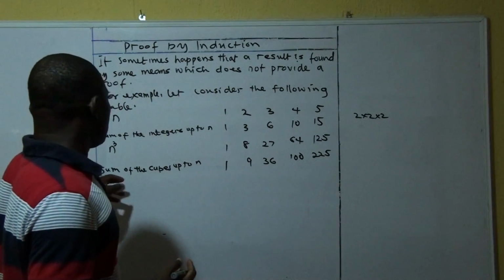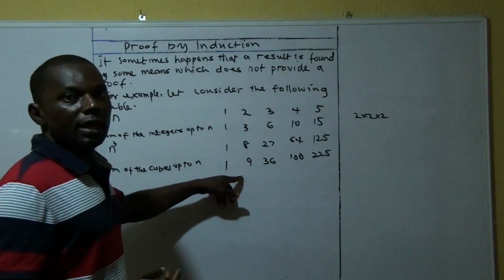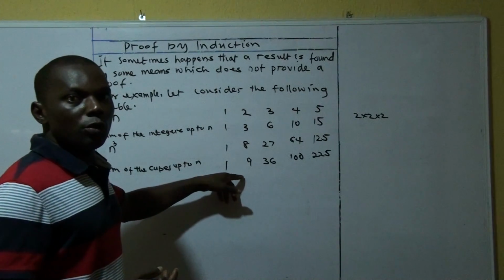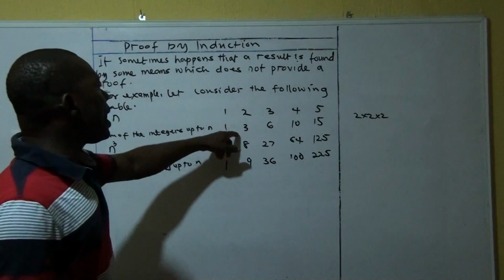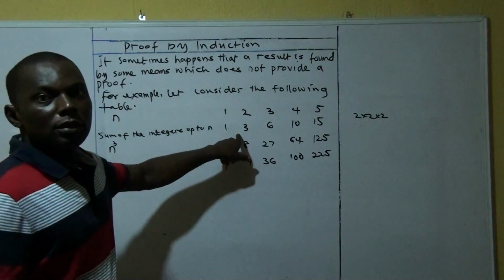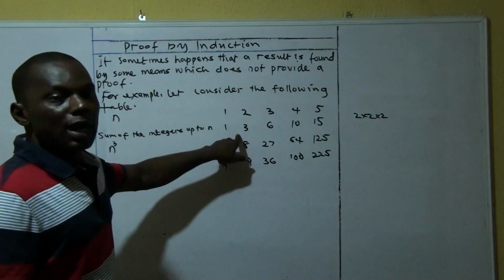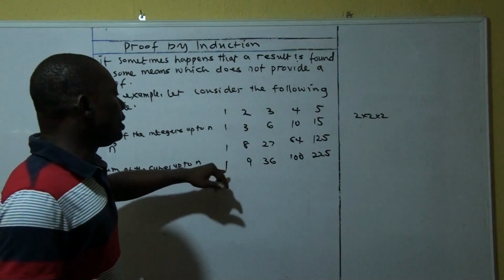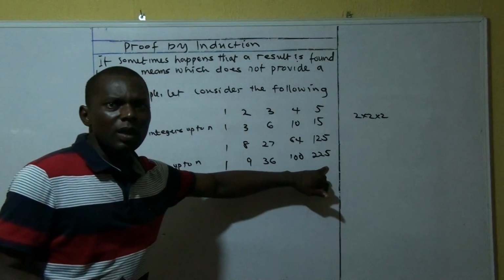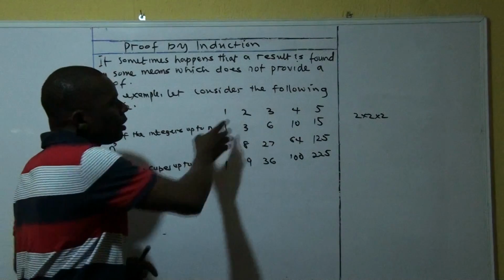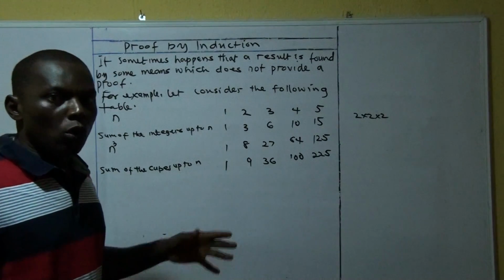the sum of the cubes here is the same thing as the square of the second row. The fourth row here is the same thing as the square of the second row.